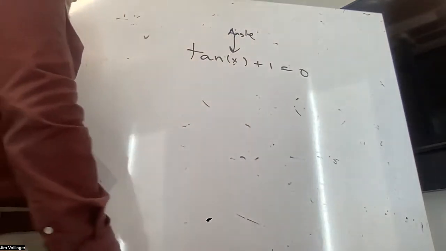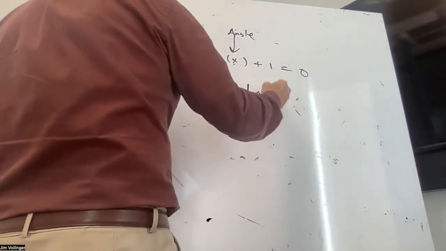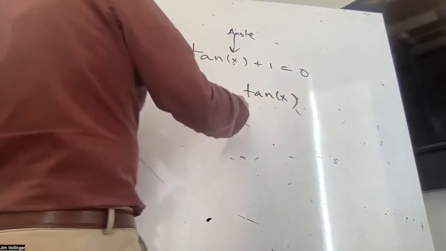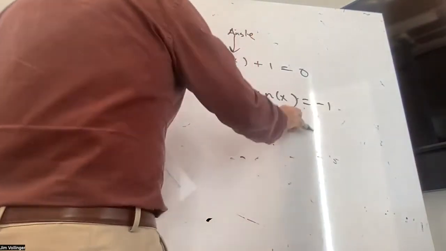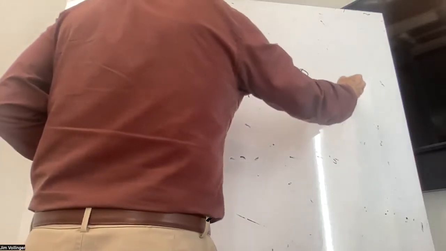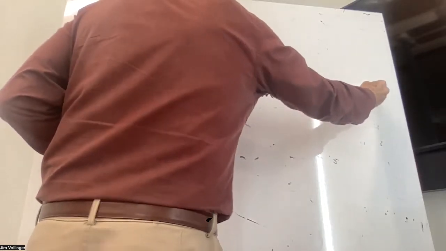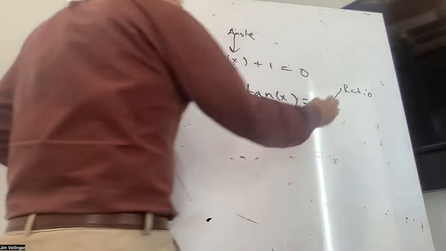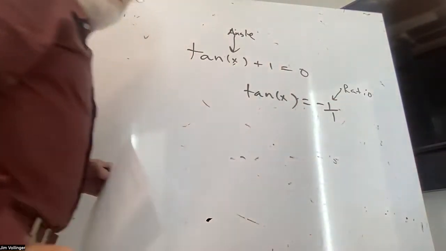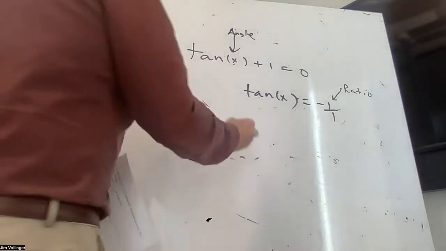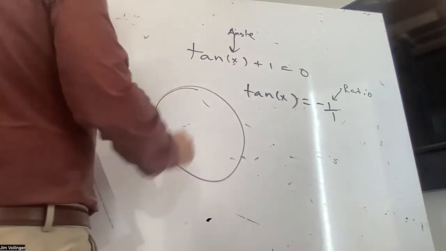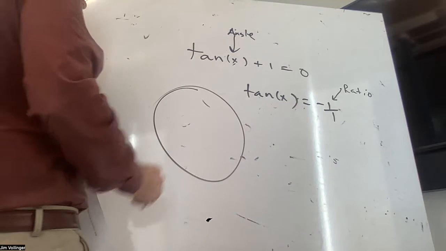So we're trying to find an angle where the tangent function, which is opposite over adjacent, will give us negative 1. And that's a ratio. Unfortunately, it doesn't look like a ratio. But if you realize that every integer is divided by 1, it looks like a ratio now. So the question is, where do we get negative 1 to 1 ratios?